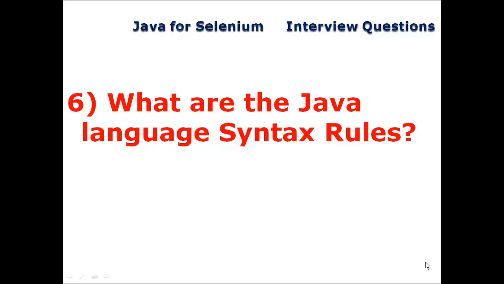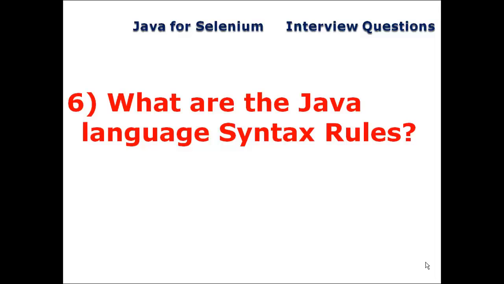Next, what are the Java language syntax rules? Java is case sensitive language. Difference is there between upper and lower case letters. First letter of a class name should be in uppercase. Method names should start with lowercase letter. Java program file name should exactly match with class name.